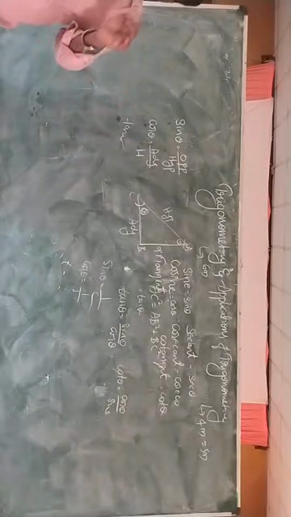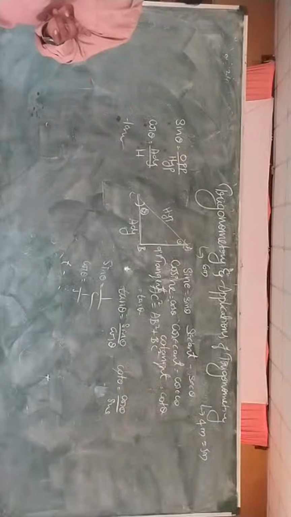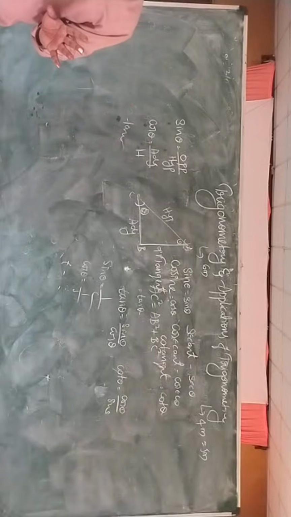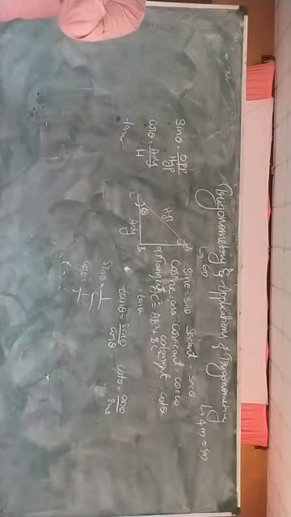It means the sin function value lies between 0 and 1, but the cos function value lies between 1 and 0. Understood? Any doubts?